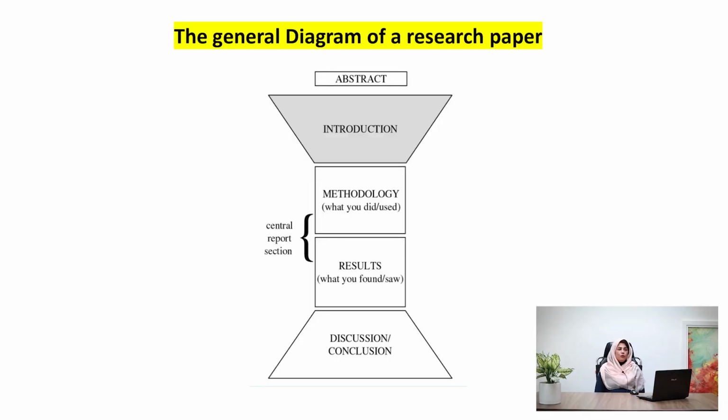If you pay attention to this diagram, you will notice that it has a conical shape, wider at the top and narrowing down. I want to emphasize that we start from a general point of view, and then transform into something specific to our research, which we are discussing in this particular article.